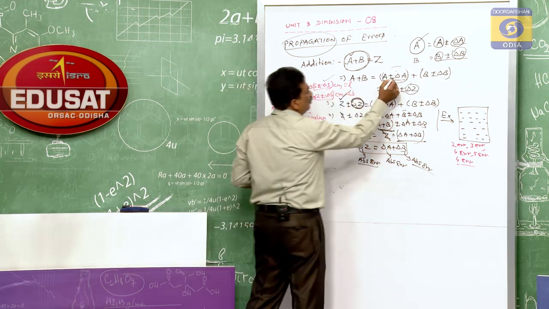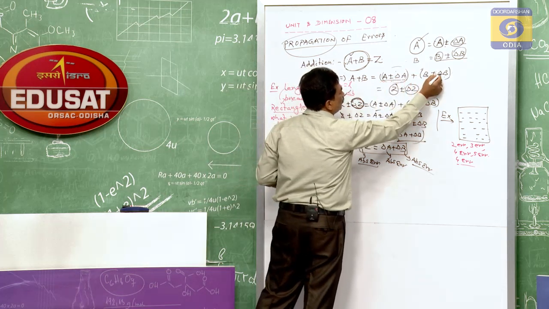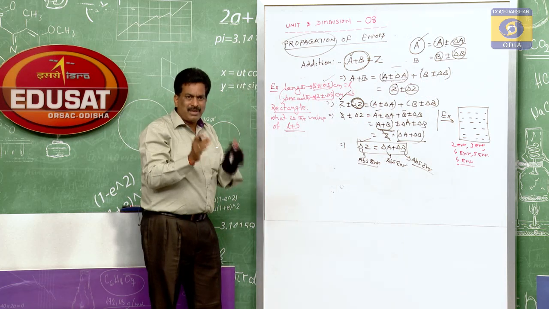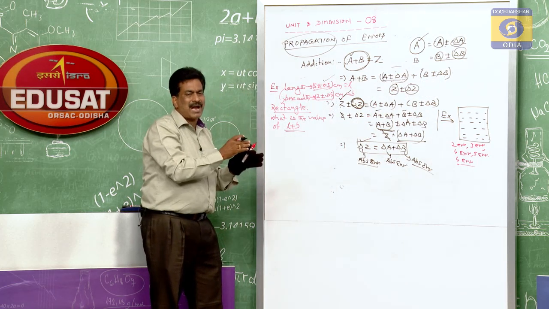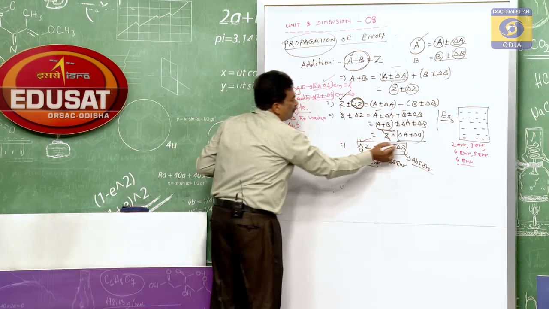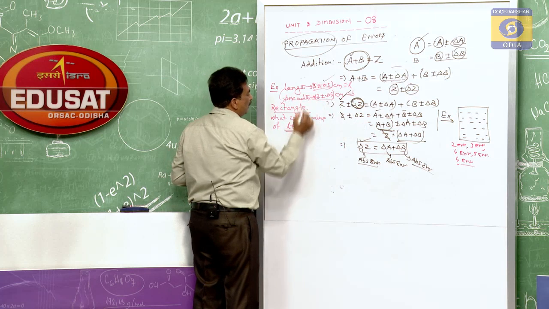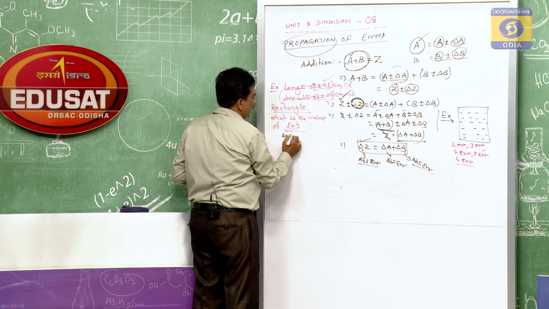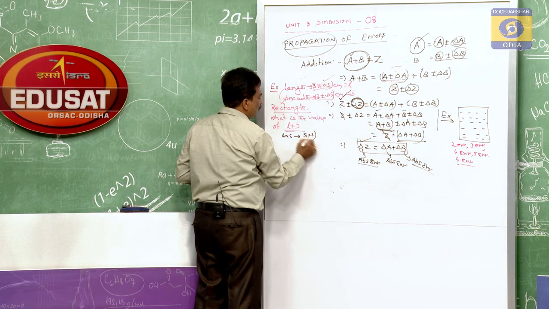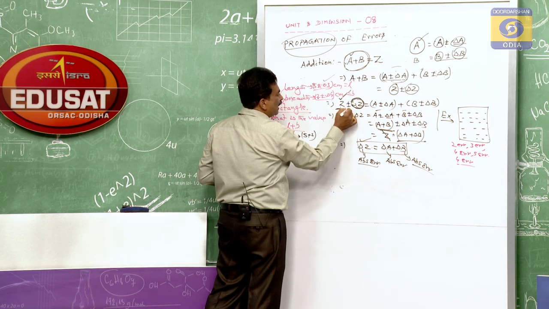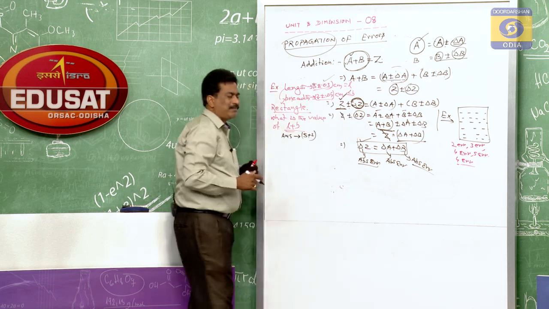So, when the true values with absolute error are added, the real value will be the addition of the true values with the sum of the absolute errors. What are the real values of these two? Real value is 5 plus 2, which is A plus B, that is Z. Then we have to find plus or minus del Z.